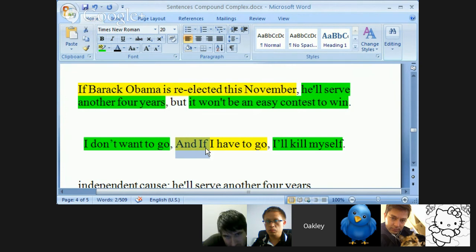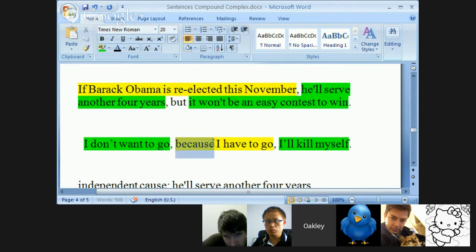What I mean is, if I remove "and"... Okay, I'll try. Yes, and replace "if" with something like "because." Forget about the meaning. Okay. Because now, is it independent or dependent? "Because I have to go."